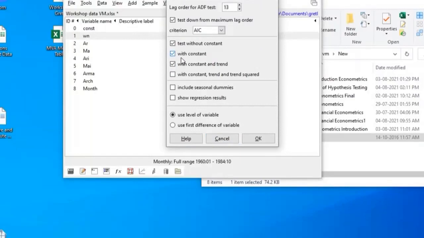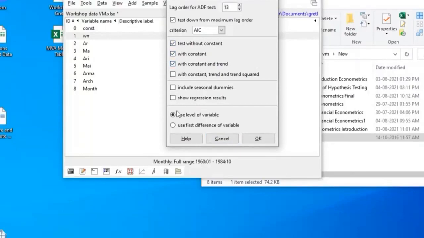So we will have a trend there, even for a non-stationary random walk process. So if there is a unit root, then without constant means a random walk with no drift. And this is a random walk with drift. And this is a random walk with drift and deterministic trend. That is the case. Got the idea? Trend squared is the deterministic trend. Okay, sir, I got that.